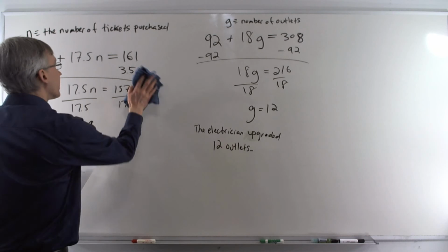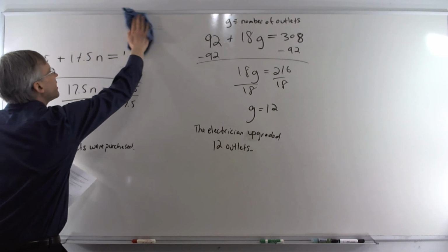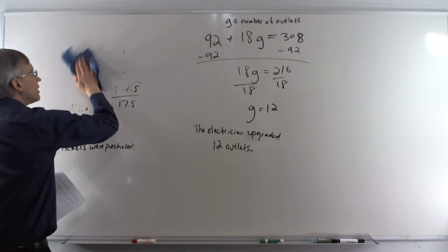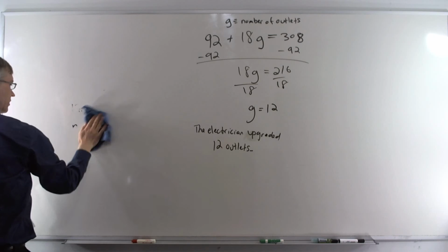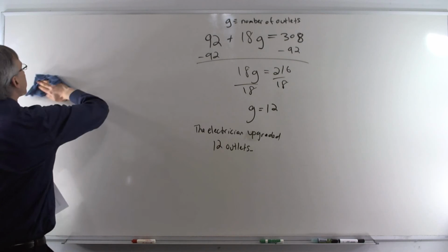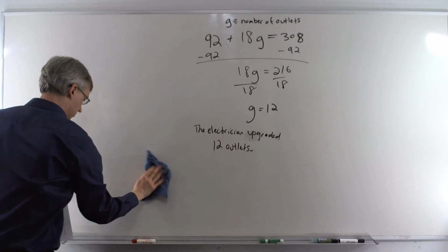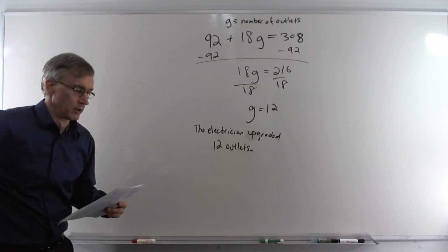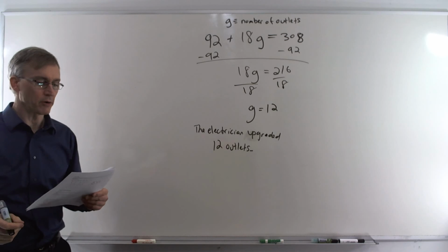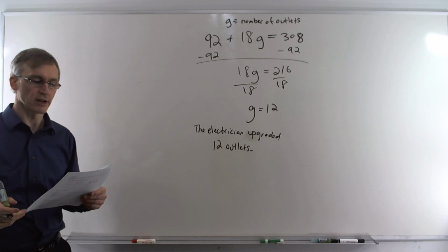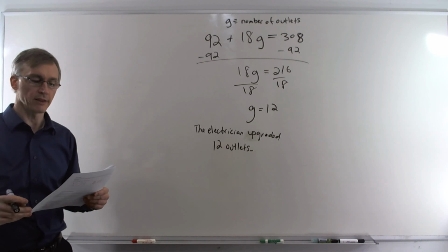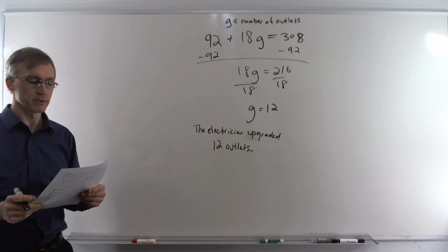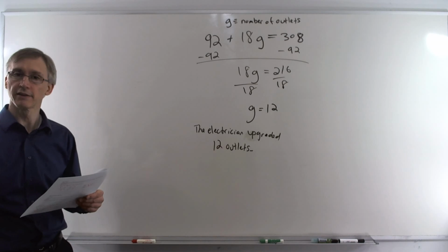Next example is about the length of some piano wire. A piano wire, 24 inches long, is cut into two pieces. The length of the longer piece is 4 inches more than 3 times the length of the shorter piece. Find the length of the two pieces.